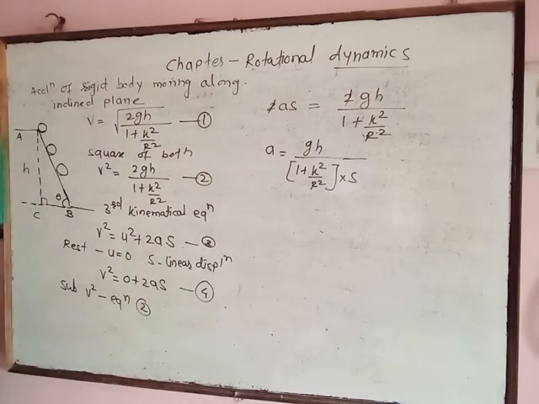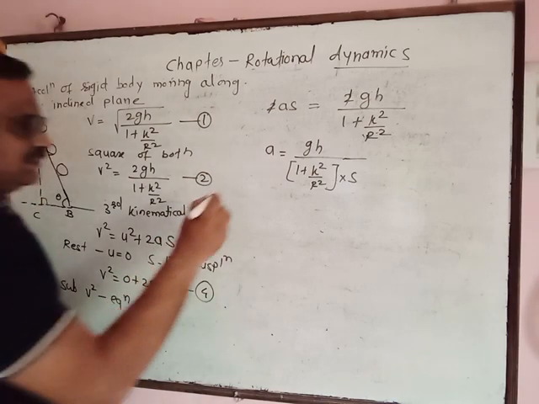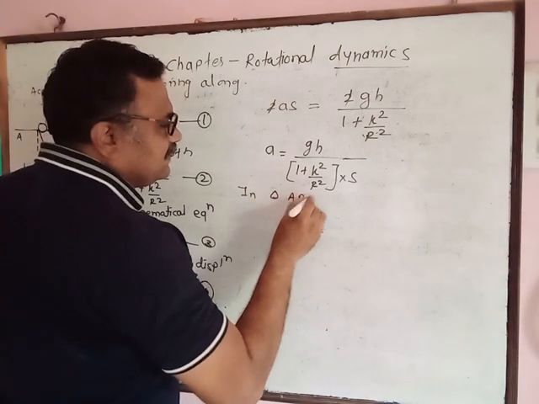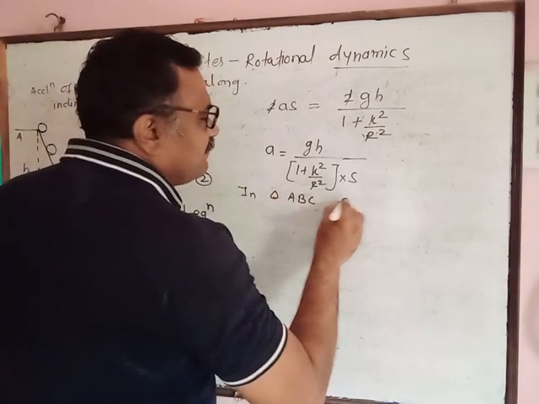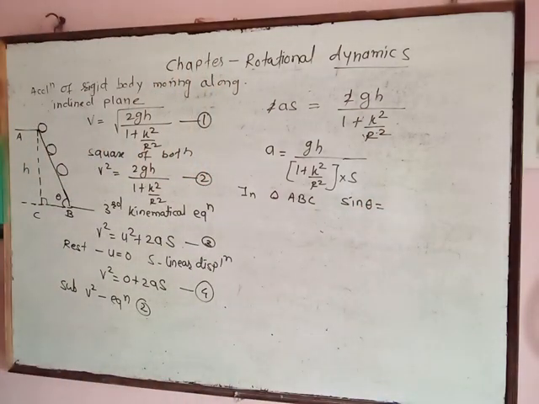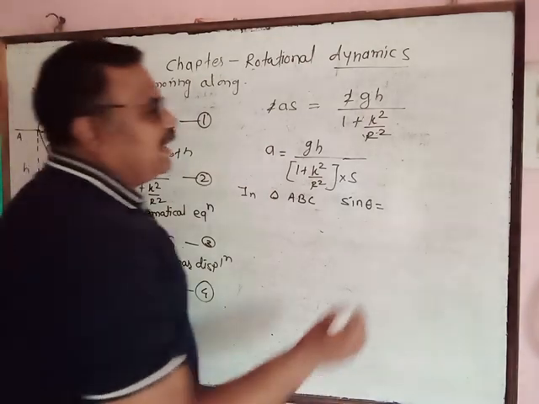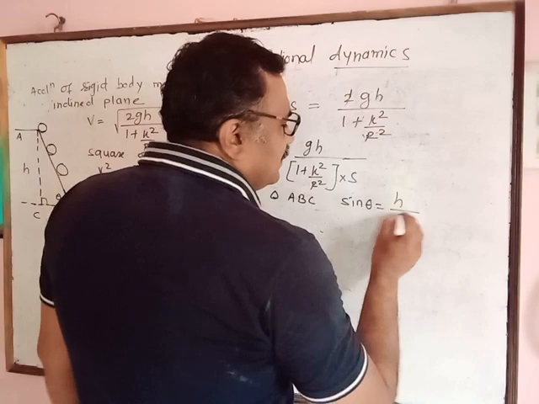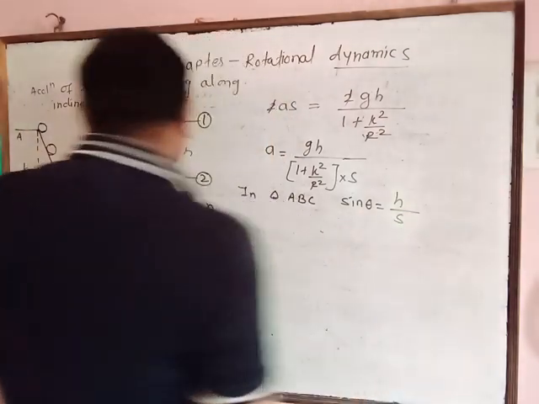In the figure, suppose we take sin theta in triangle ABC. Then sin theta means opposite side upon hypotenuse, and therefore we get h upon AB.